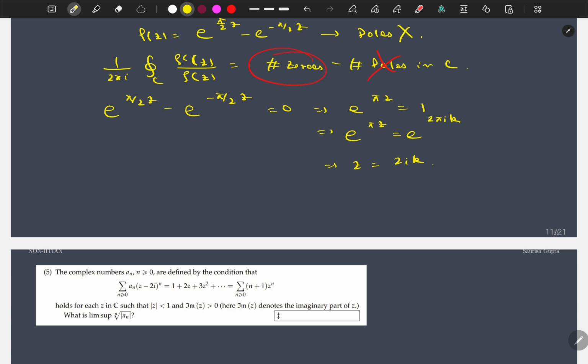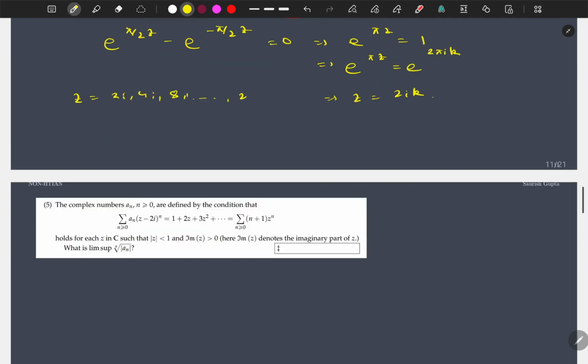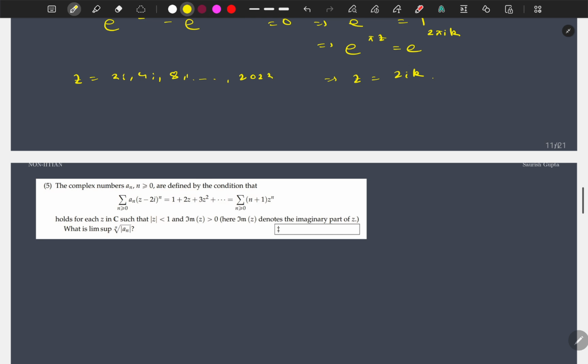So all the singularities are exactly on the imaginary axis. Let's say k starts from 1. So you have 2i, 4i, 6i, and so on, and you need to get till the disk of radius 2023. So you will get till 2023i.